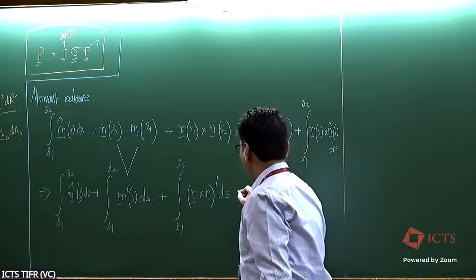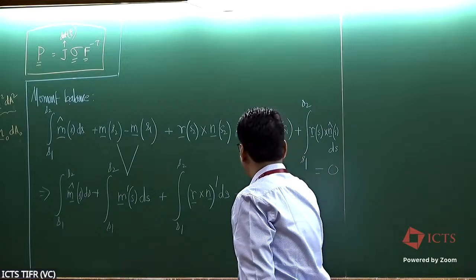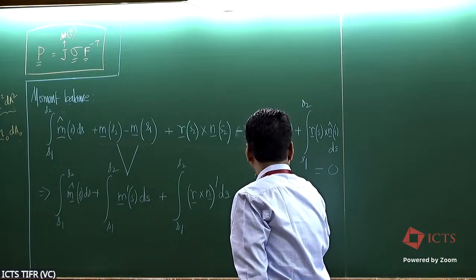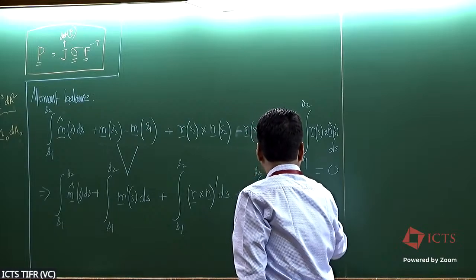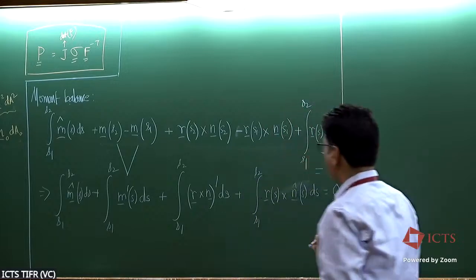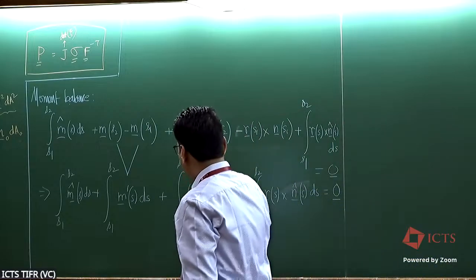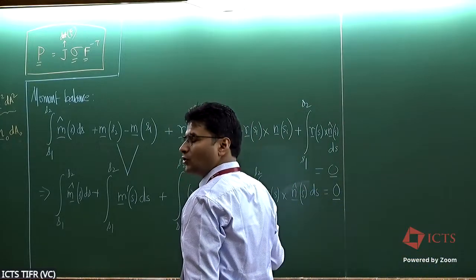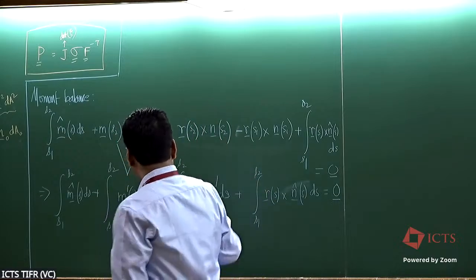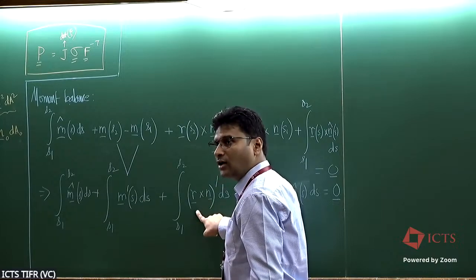And then the last term. Okay, now, there's some interesting thing going to happen here. There will be some cancellation actually. If you use chain rule here, this is going to become r prime cross n plus r cross n prime.